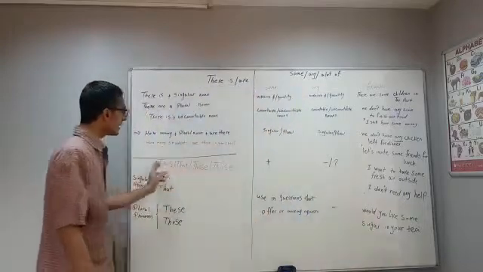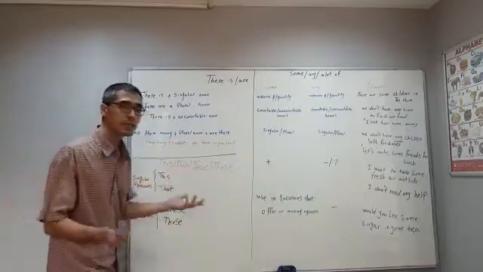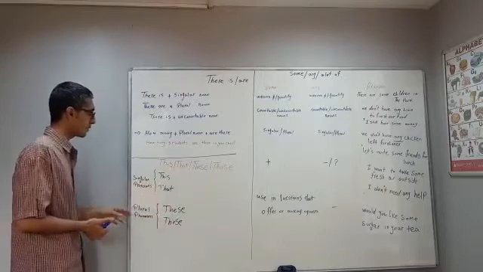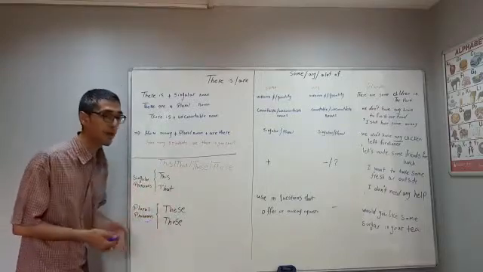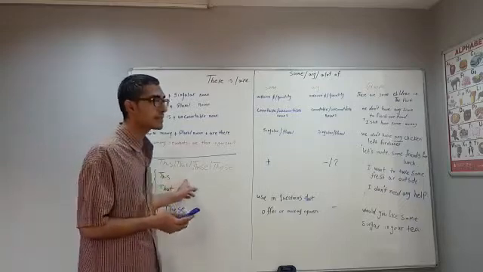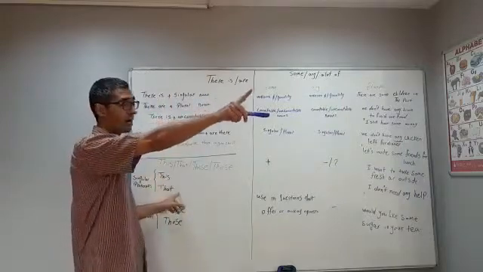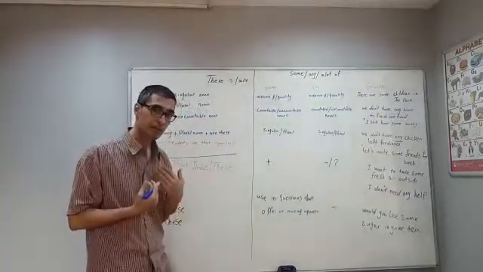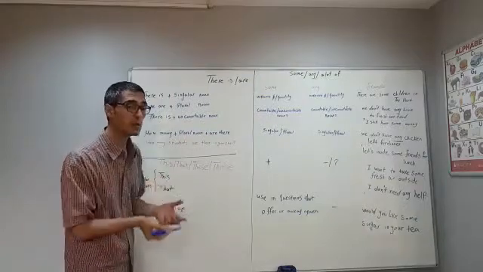Let's move on. This, that, these, those. This and that are used as singular pronouns, and these and those are plural pronouns. So, for example, this is a marker. That is a tree over there. If the object is near to me, we use this, and also it's singular.